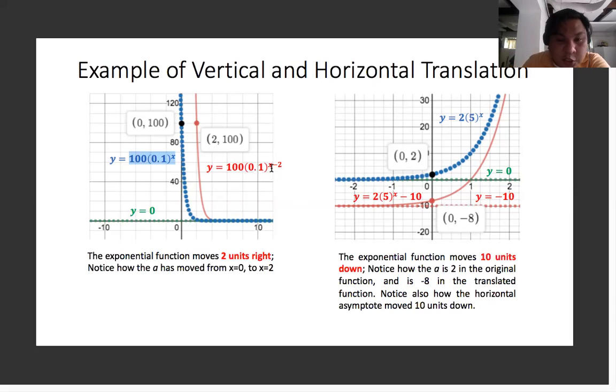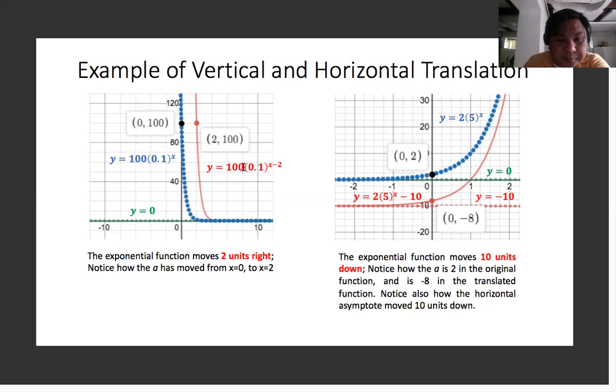In this case, we chose -2. Thus, we now have a new graph here, which is y equals 100 times 0.1 raised to the x minus 2. Notice the similarity between the two exponential functions and that slight difference in their exponents.